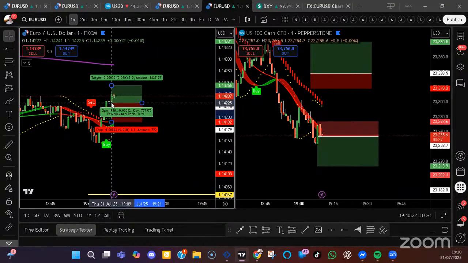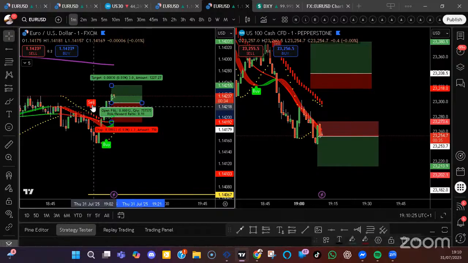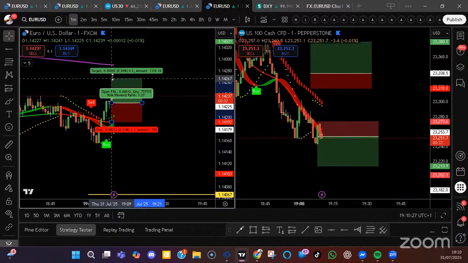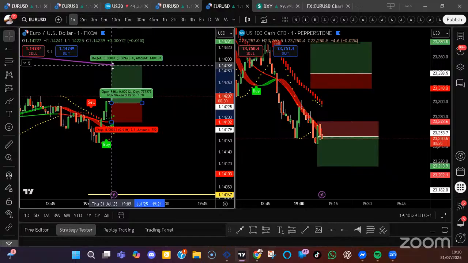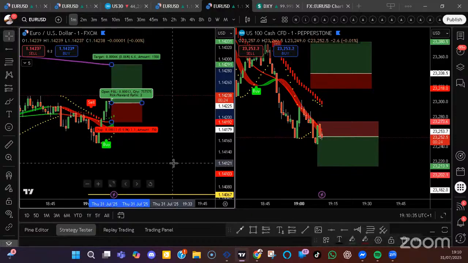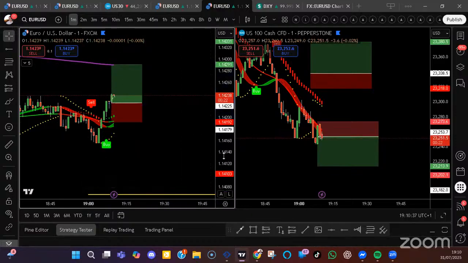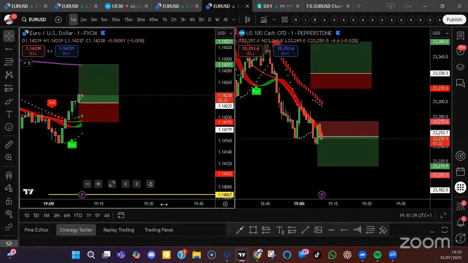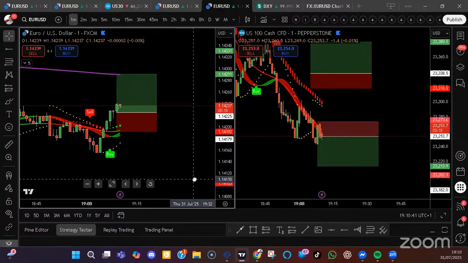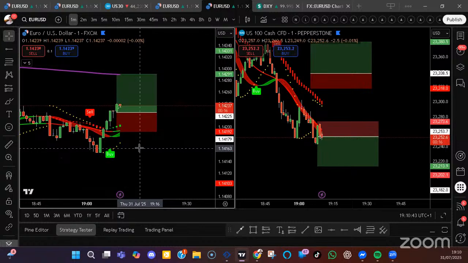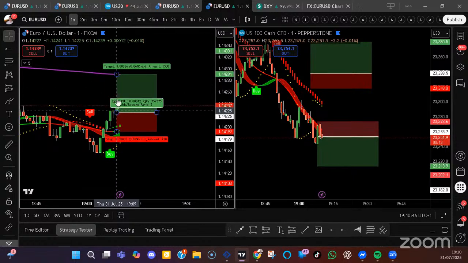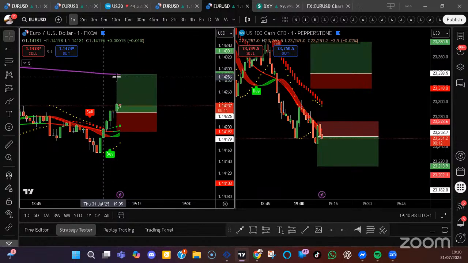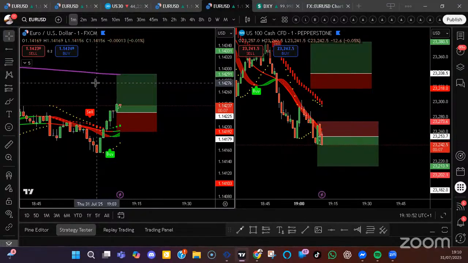So your 3.3 pips, and your 2% would be way up there on the EUR USD. So I'm hoping very much that price will come up and rest on the purple line. That's part of our indicator.